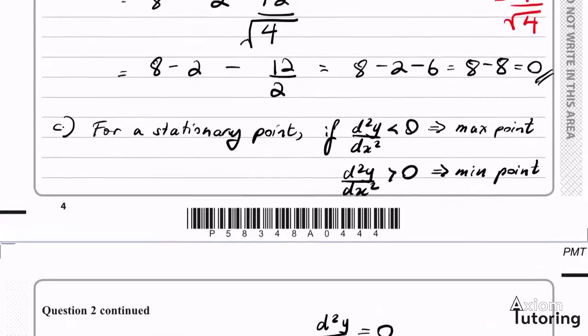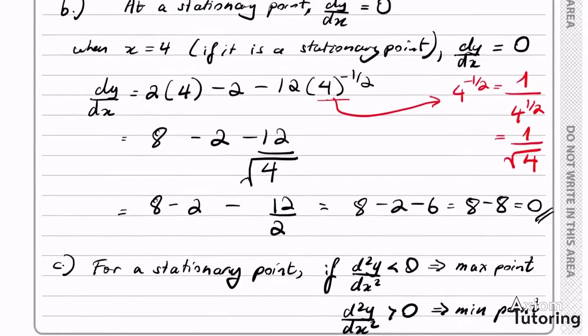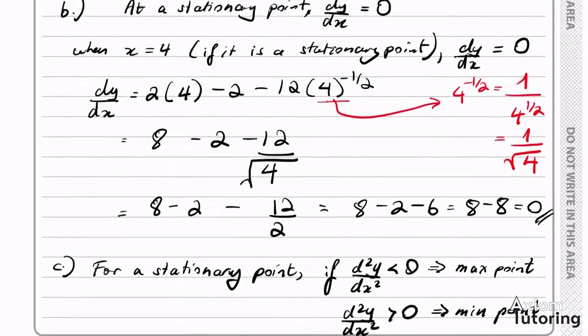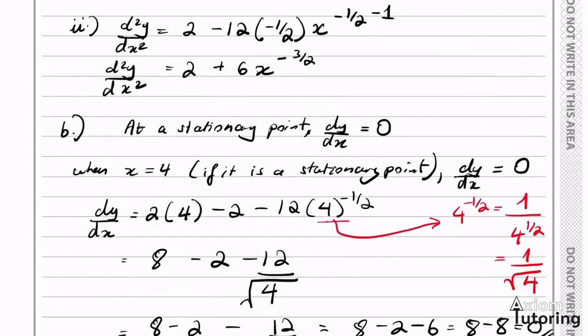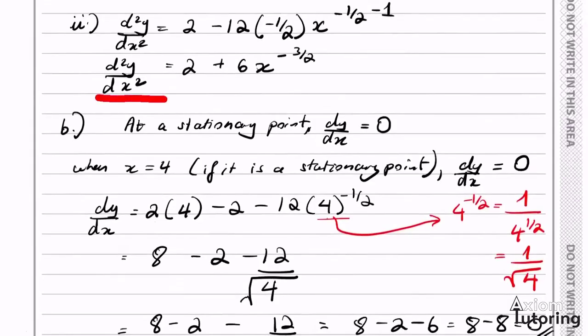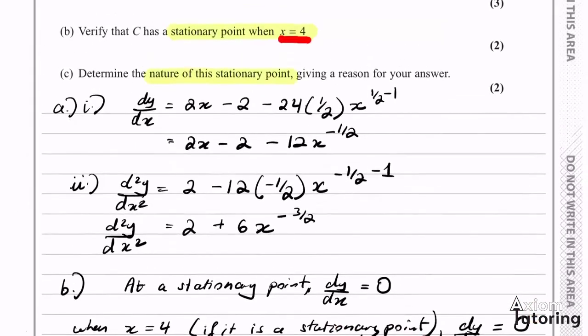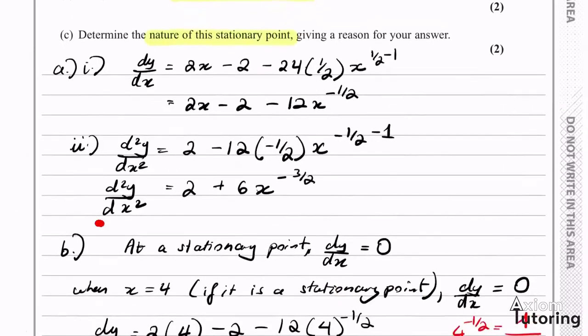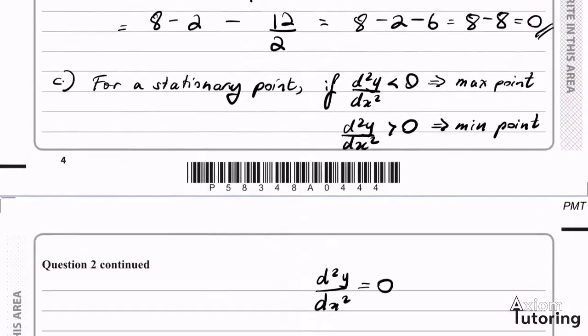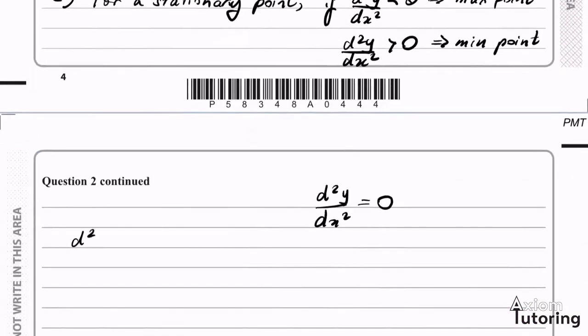So if we have a look at our example here, what is d squared y over dx squared? It's this expression here. So what we're going to do to determine the nature of our x equals 4 point, we can just plug in x equals 4 into our expression for d squared y over dx squared. So let's do that. Let me rewrite d squared y over dx squared here.